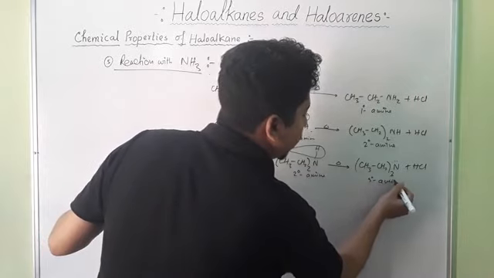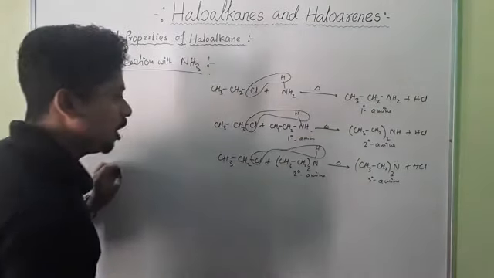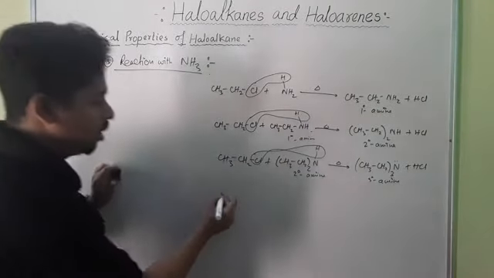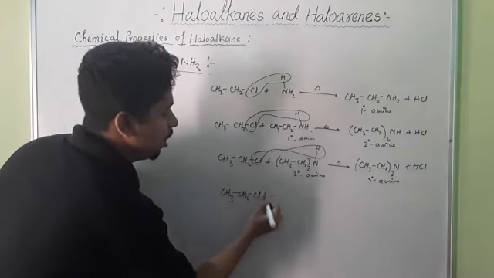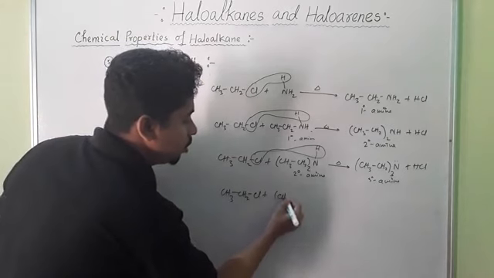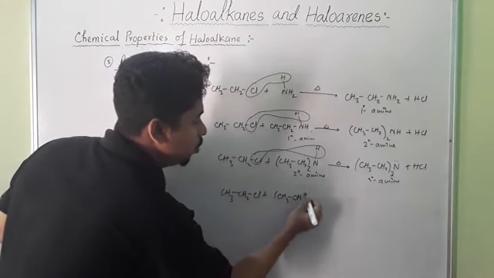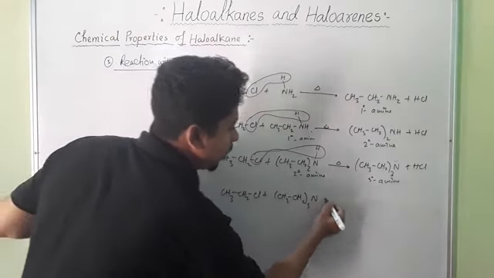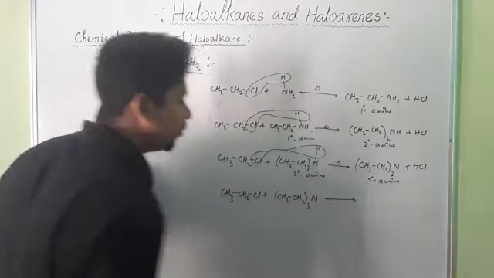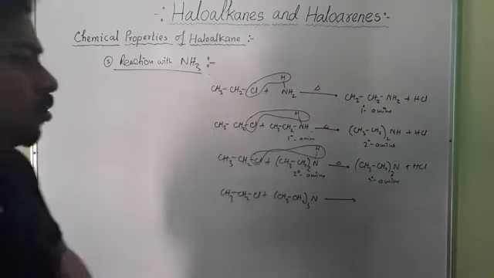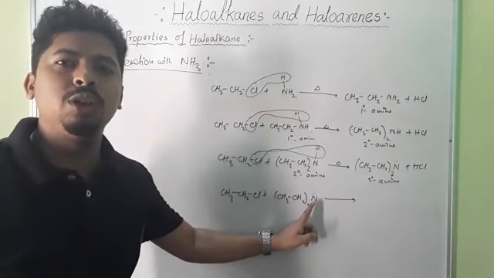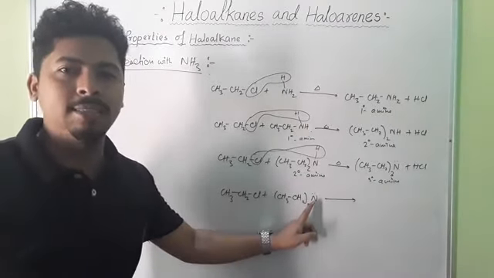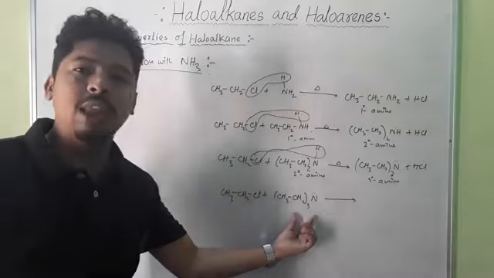Okay. And this tertiary amine will once again react with CH3CH2Cl, ethyl chloride: CH3CH2Cl plus (CH3CH2)3N. Now here you see there is no hydrogen, so there will not be any removal of HCl, because in this tertiary amine there is no hydrogen.